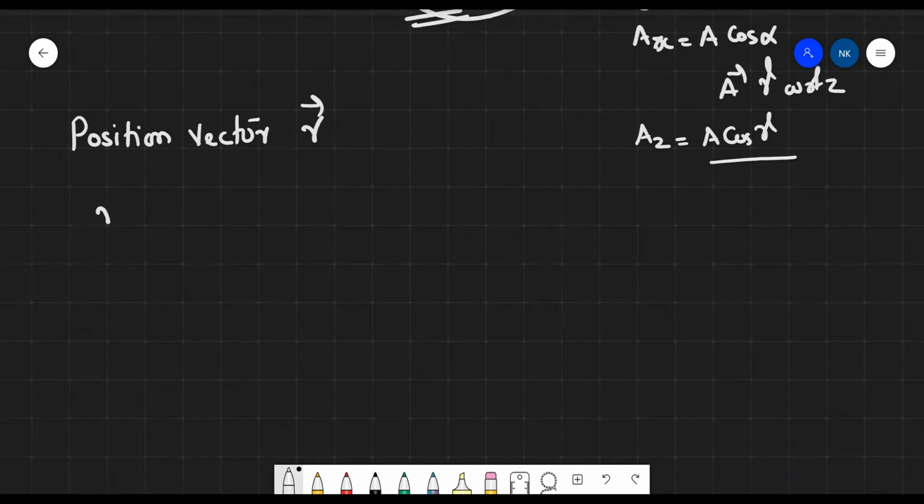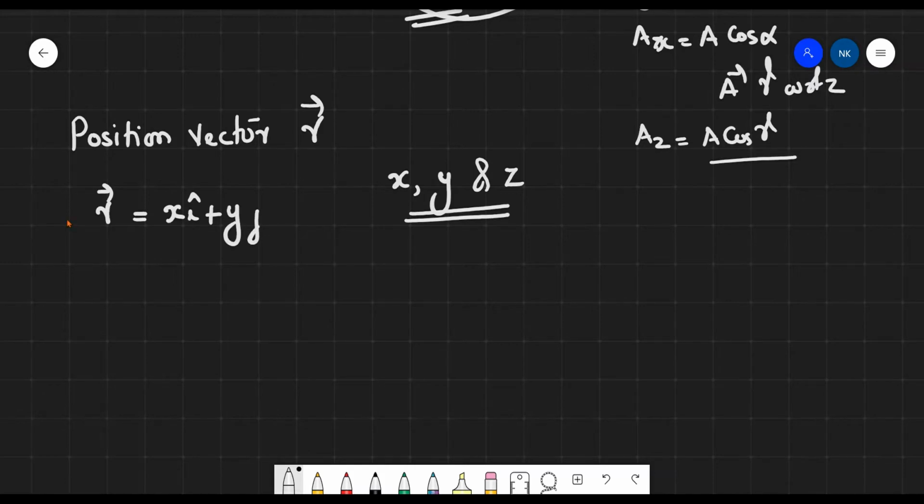Now this position vector R can be represented as, let x, y, z be its components along x, y and z axis. Then this can be written as x i cap plus y j cap plus z k cap. So this is how we normally represent a position vector in 3 dimensions.